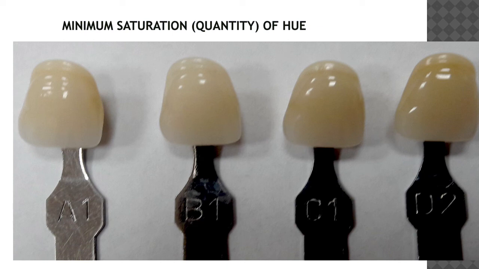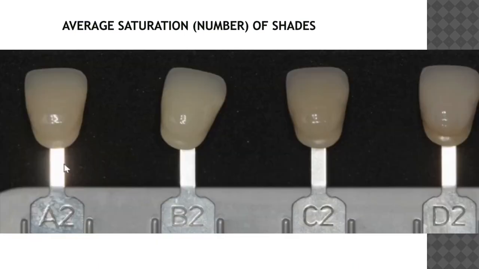The minimum saturation is defined by number 1, or if we are talking about the letter D, the brown colors, it's number 2. Average saturation is once again coded with some number in the shades, and in all shades it's number 2.